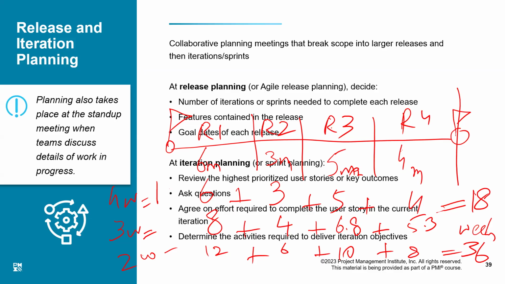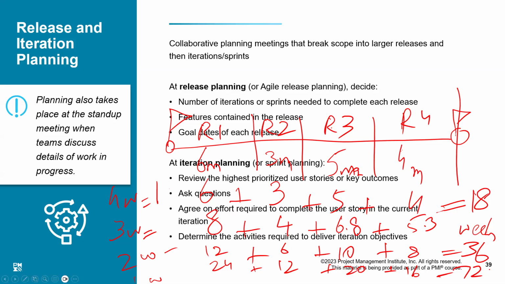Now, we have done it on 4, 3, and 2, and let us do it on 1 week also. If it is 1 week, it's going to be 24 plus 12 plus 20 plus 16, which is equal to 72.